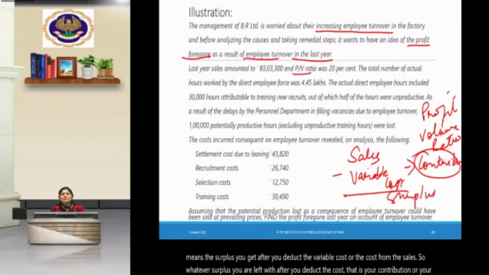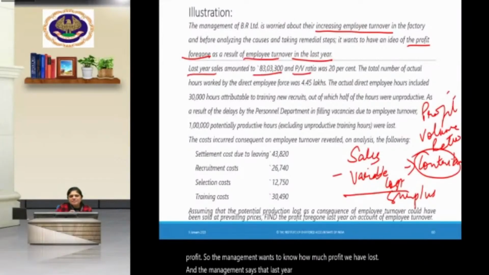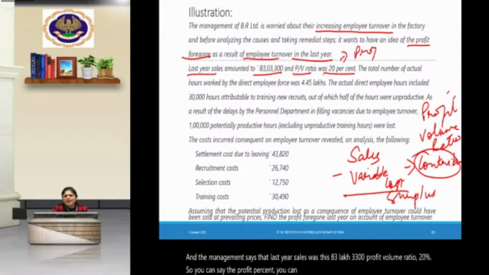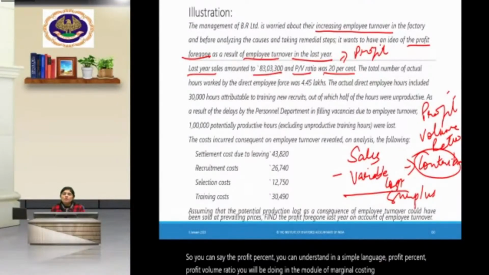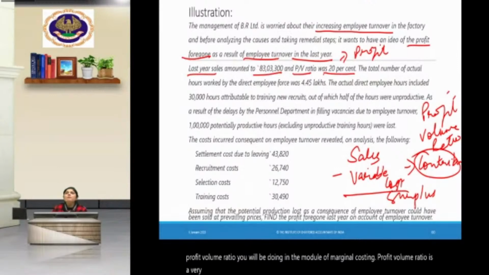The management says that last year's sales was 83,03,300, profit volume ratio 20%. So you can say the profit percent. You can understand in simple language, profit percent. You will be doing profit volume ratio in the module of marginal costing. It is a very important fundamental in marginal costing.